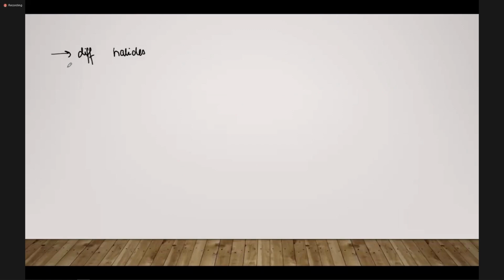What would be the trend, or the order of the boiling point? Again, as we discussed, the increase in the molecular mass and the size of the halogen atom will increase the van der Waals forces of attraction. We discussed this just before.